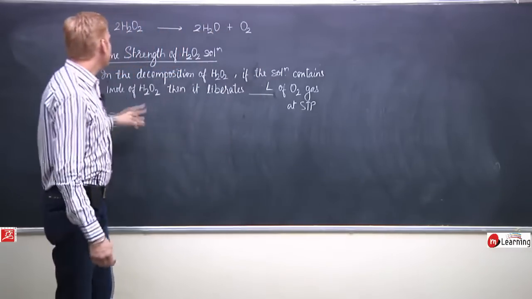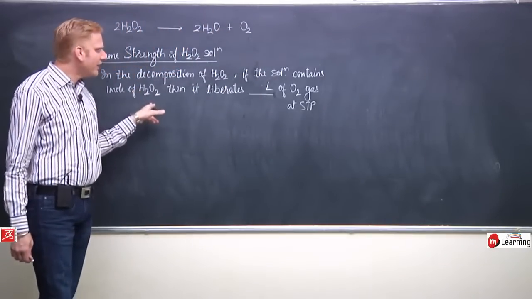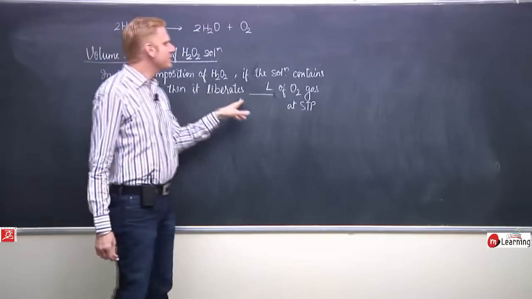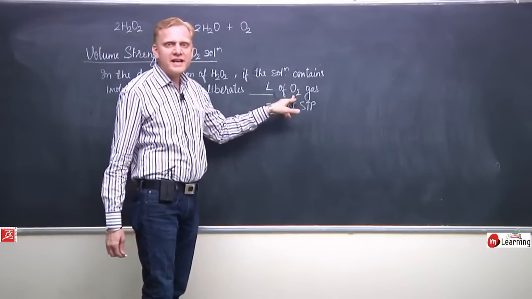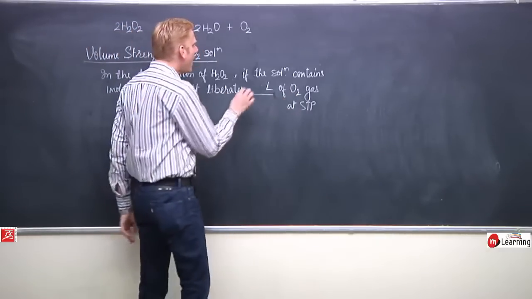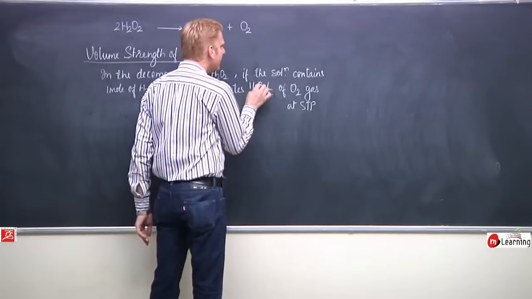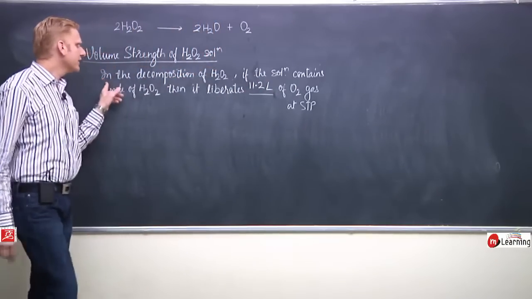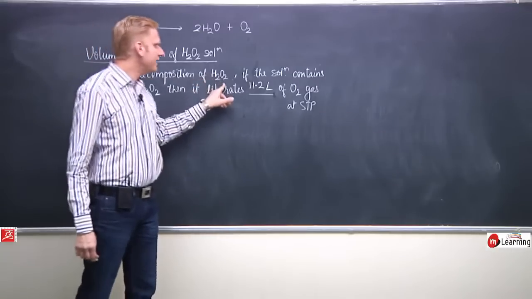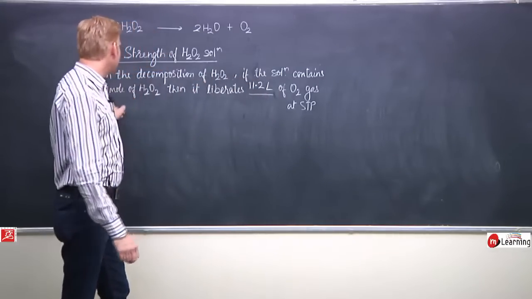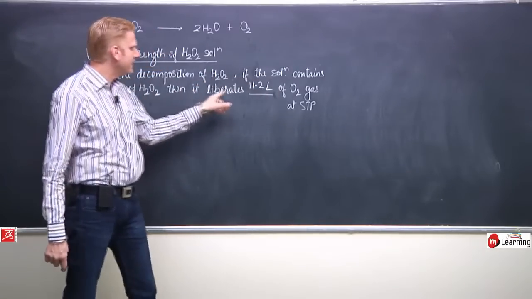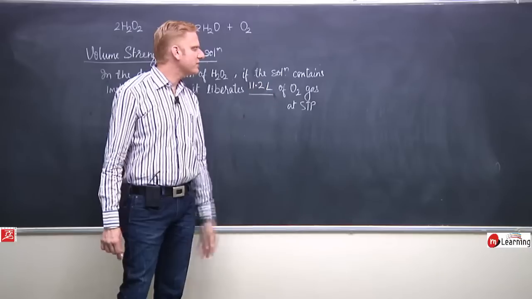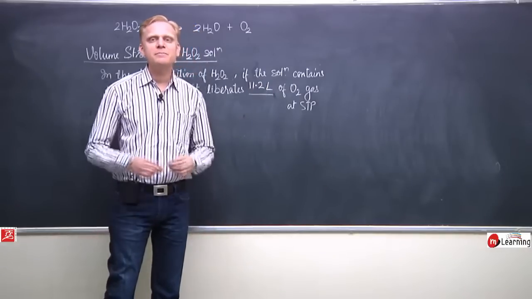So naturally, if I am talking about 1 mole of hydrogen peroxide, then how much oxygen gas will be liberated at STP? Half of that volume, that is 11.2 liter. So in the decomposition of hydrogen peroxide, if the solution contains 1 mole of H2O2, then it liberates 11.2 liter oxygen gas at STP.